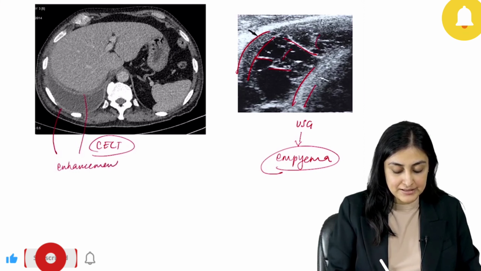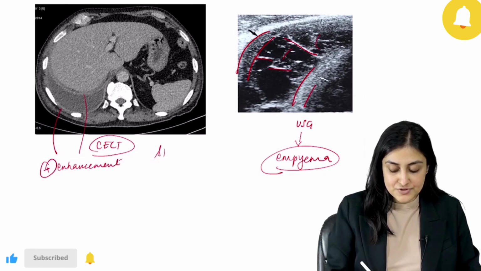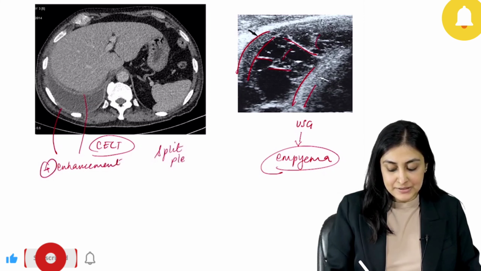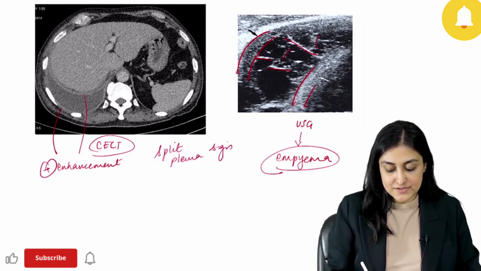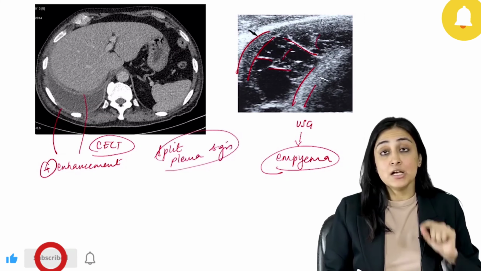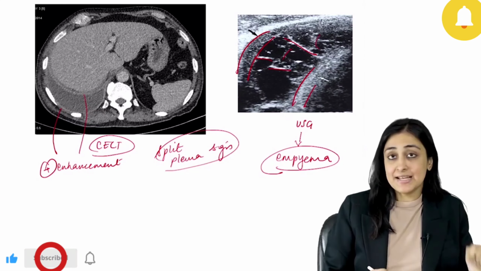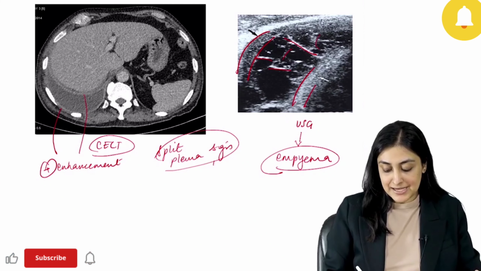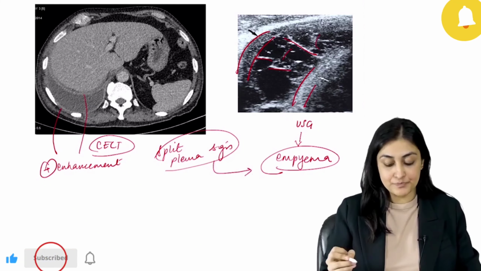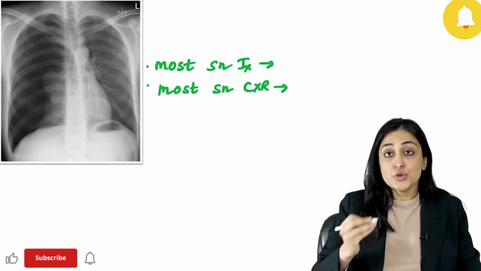This is the pleural thickening and enhancement that we will see, which is referred to as the split pleura sign. So this is what is referred to as split pleura sign. Normally, we will never see the pleura, but when it is thickened, it's enhancing, that is called split pleura sign, and it indicates empyema. Going ahead to pneumothorax.